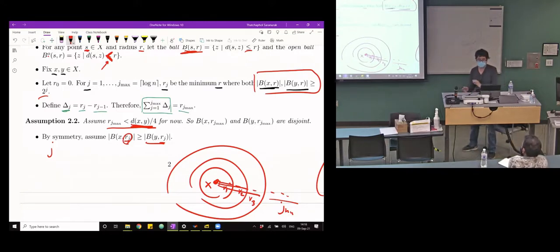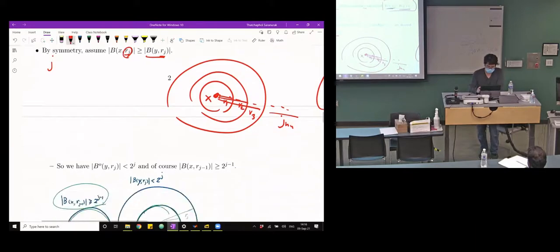But if you want to assume it's of size exactly 2 to the j, for every d(y,x) you can perturb it by a very small epsilon, and then with probability 1 every distance will be distinct, right? But it doesn't matter. Small thing.